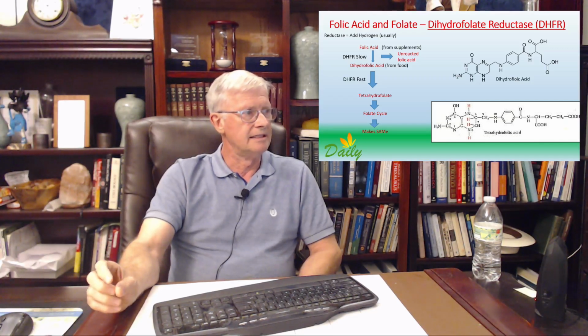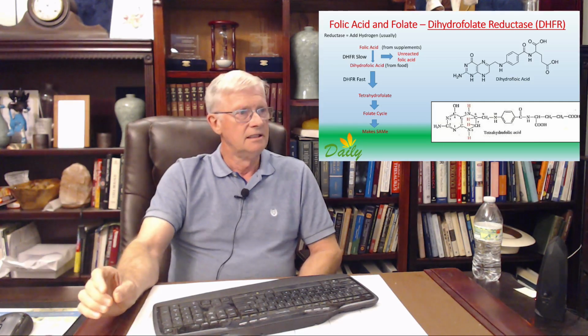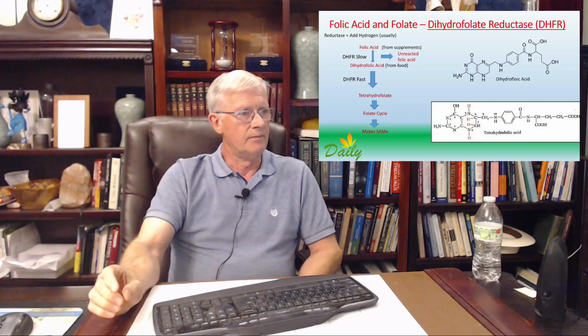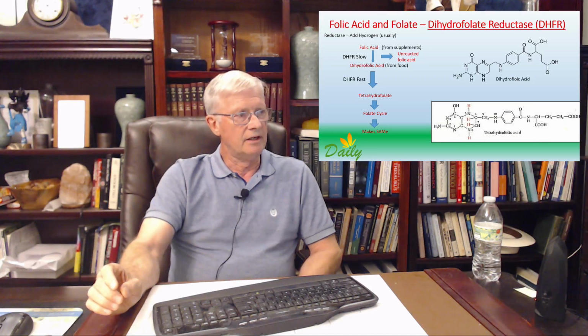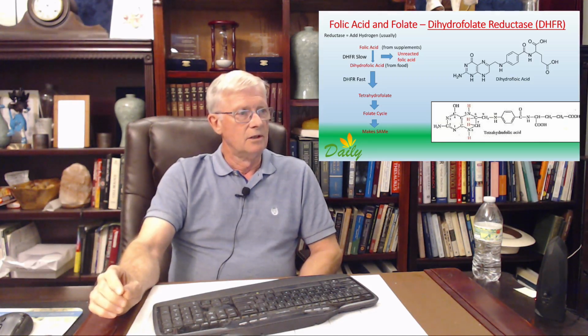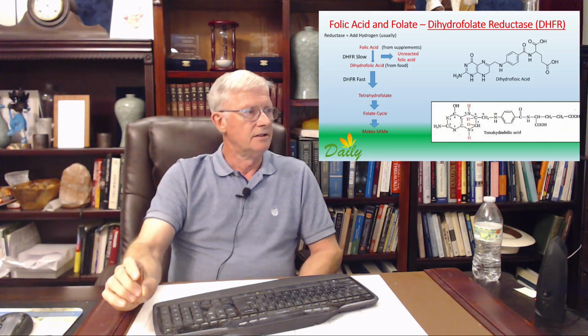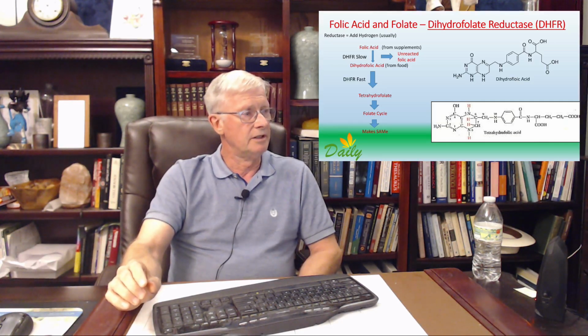It takes folic acid and converts it to dihydrofolic acid. And you can see the dihydrofolic acid up there. And if you look at the very bottom, the 2 H's down there are what were missing in the folic acid and were put on there by the dihydrofolate reductase enzyme.